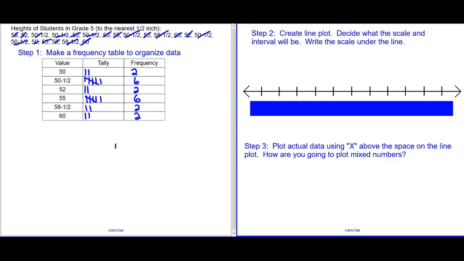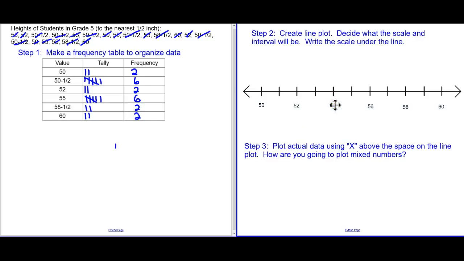So I already have the scale done. I know that I need to go from 50 to 60, and I need to have a consistent interval the whole way across. So what I decided to do was count by ones. So each hash is 1 apart. So we have 50, 51, 52, 53, and so on. Now I didn't write every number down here, but I could have put every single number on a hash.